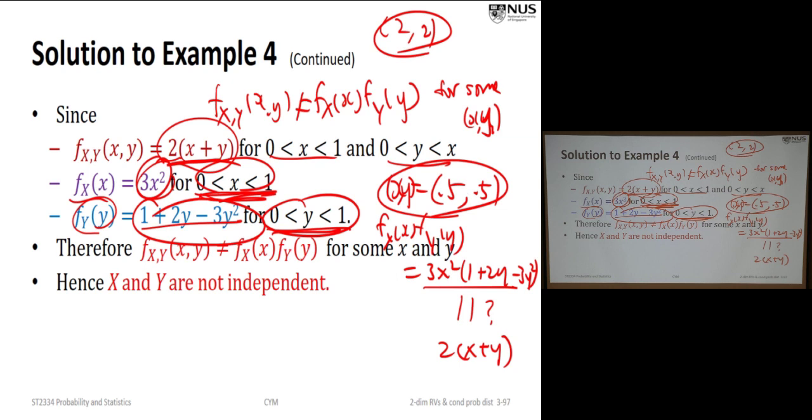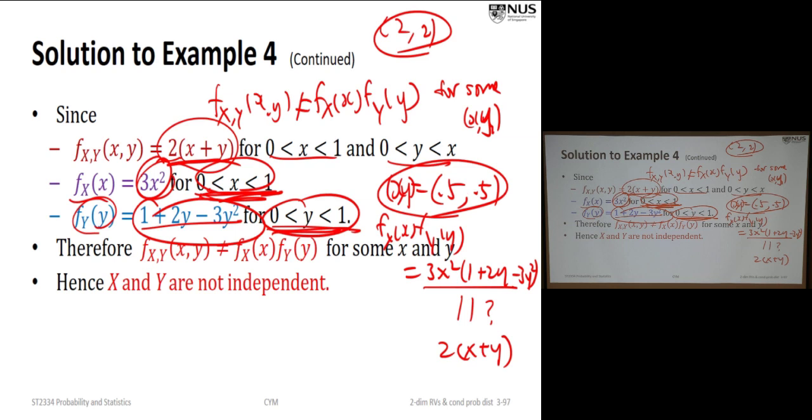So any point that satisfies this and this, any point with x between 0 and 1 and y between 0 and 1, then the product of f of x times f of y does not equal the joint PDF, because one of the factors involves y squared, while the joint PDF does not have any y squared.